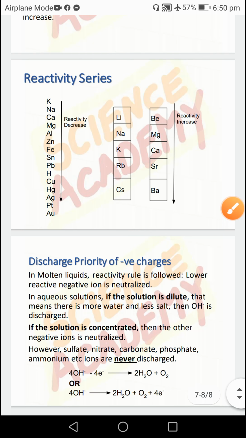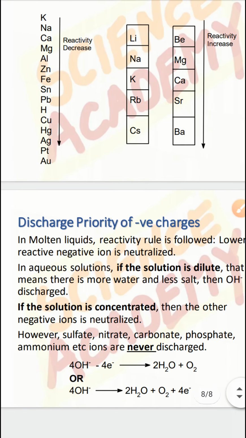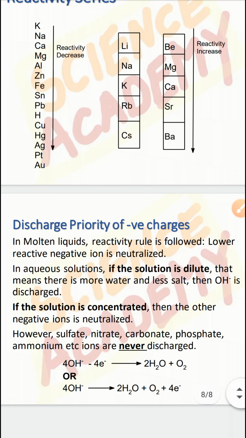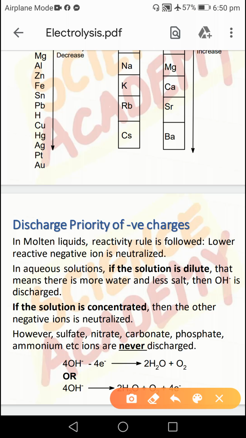But here is one more thing to note. The concentration of the solution also affects the neutralization or discharging of the negative ions, especially if the solution is aqueous.